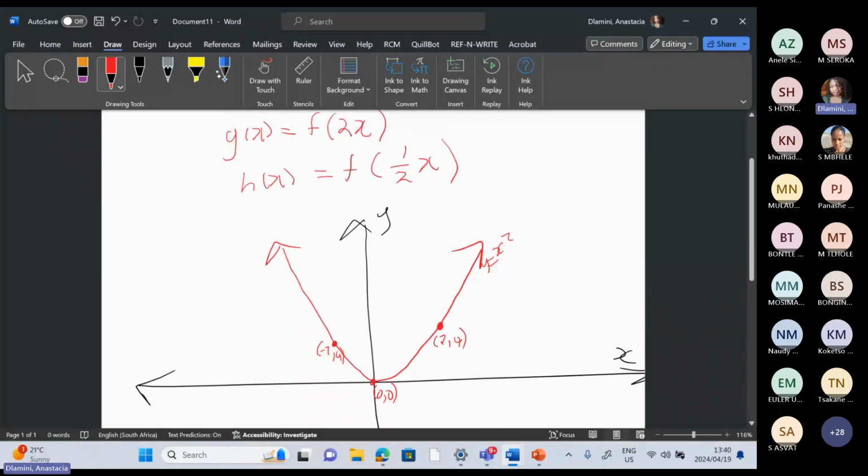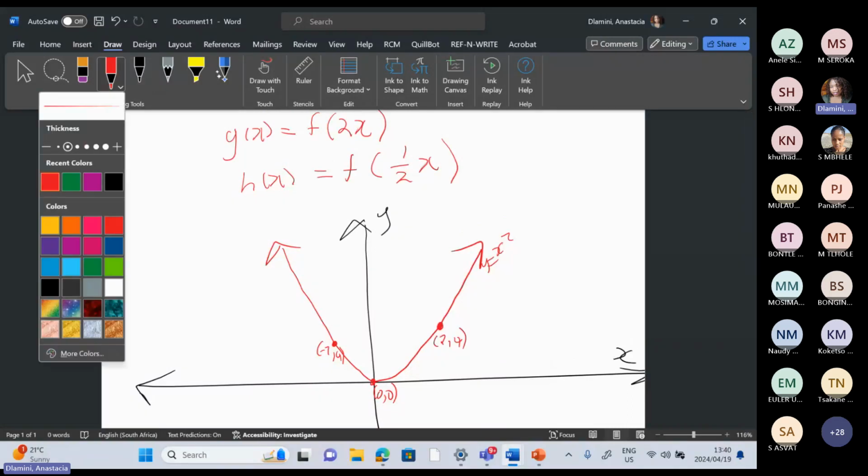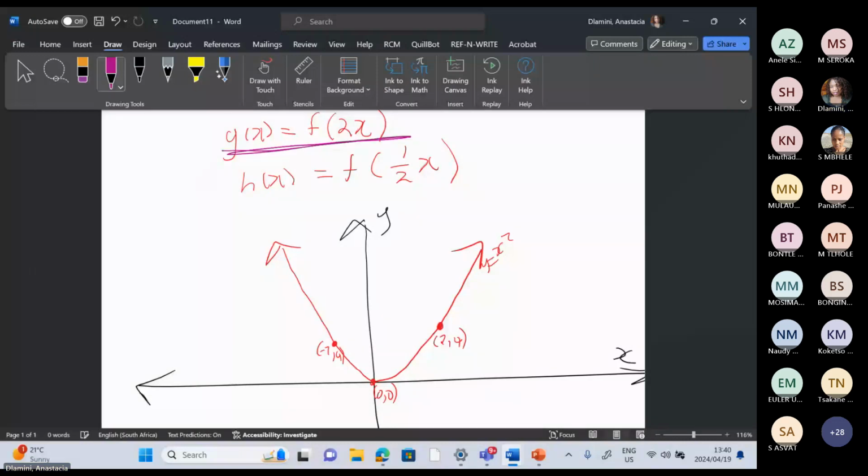Can you please help me? With g of x, the values of x will be what? Negative 1 and 1? And what? Only 1?